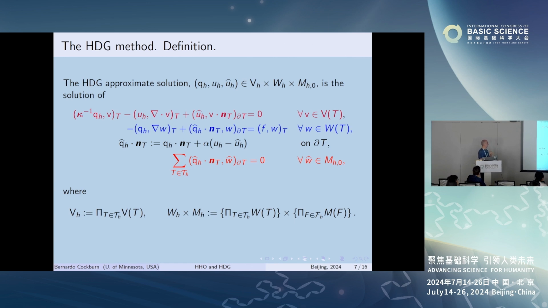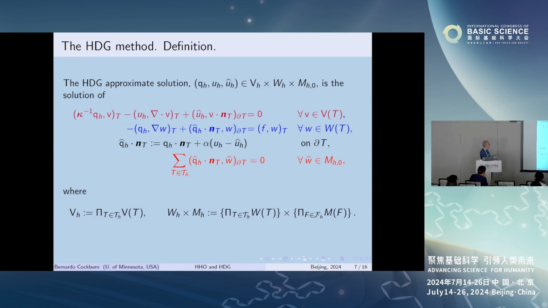First of all, in the LDG, U hat is independent of Q. Then you can eliminate Q from the equations and get an equation for U only.